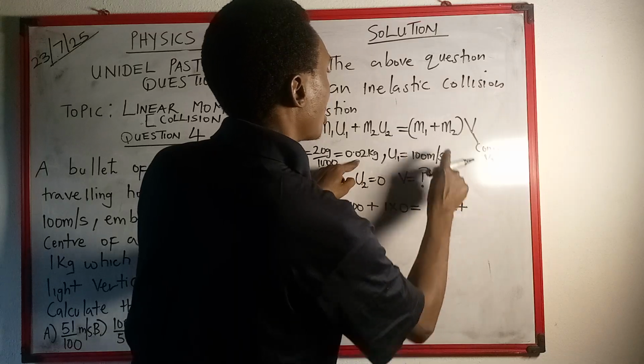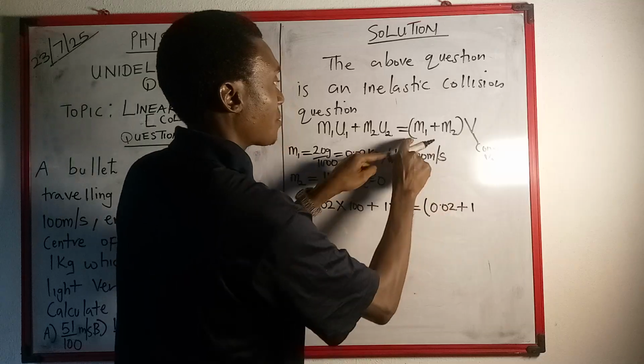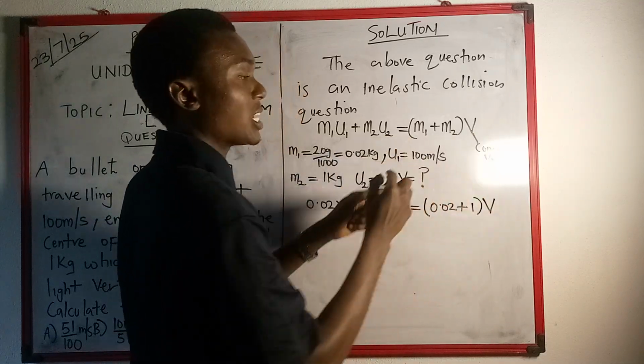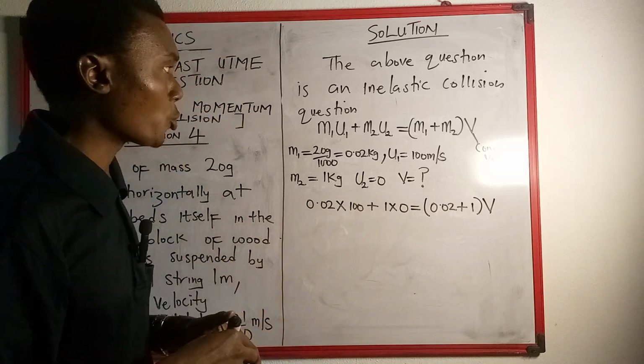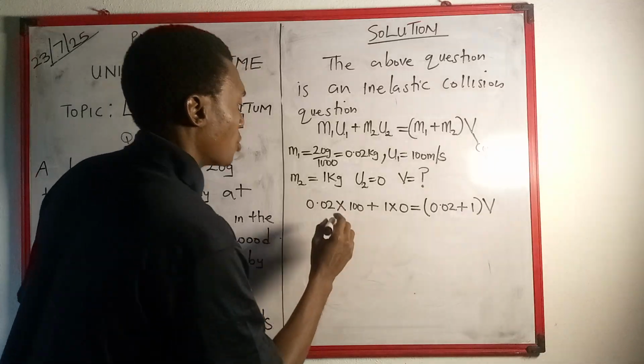0.02 plus, what's my m2? My m2 is 1. Open bracket, close your bracket, and my v, that's what you're looking for. Now 0.02 times 100, what do you have? You have 2.